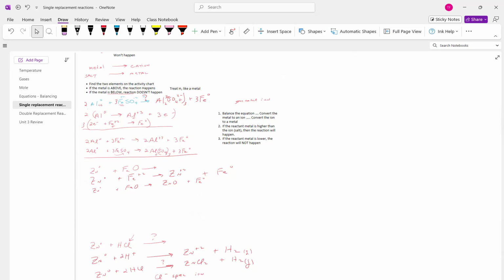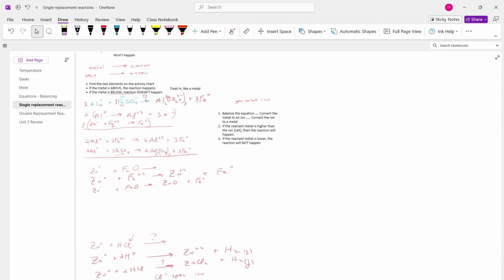It's usually the negative ion attached to the metal ion. Usually. In this class, I'm trying to think of an exception. I think you can say 100% of the time. Now, that's not true tomorrow with the double replacement.